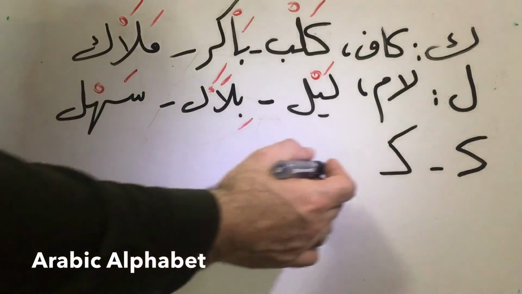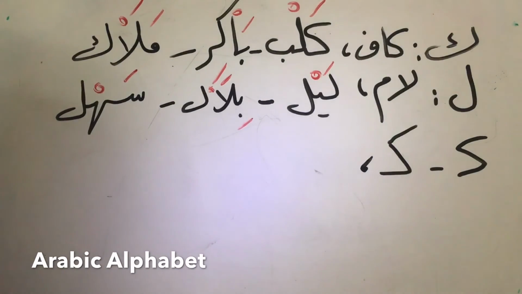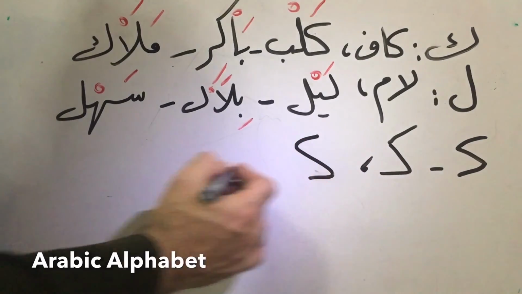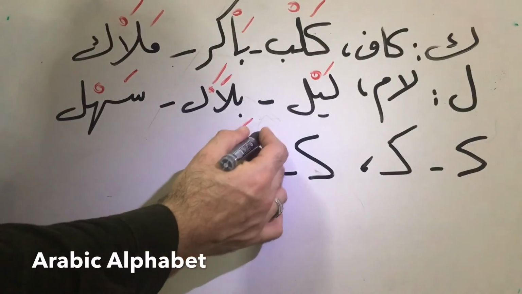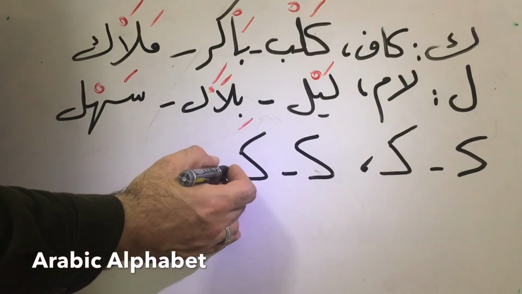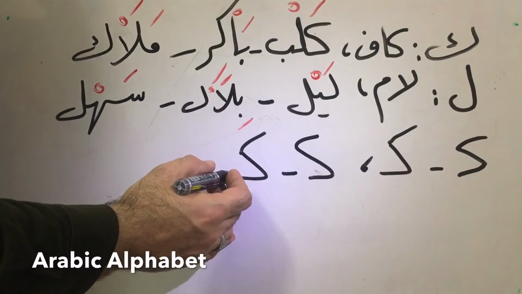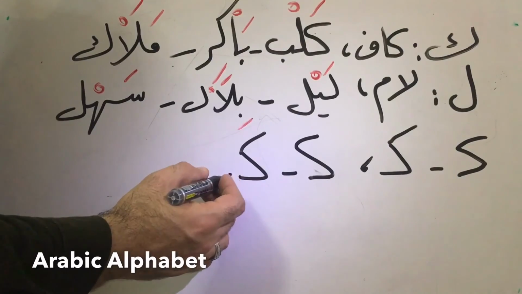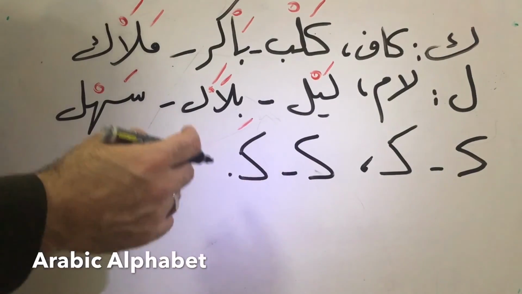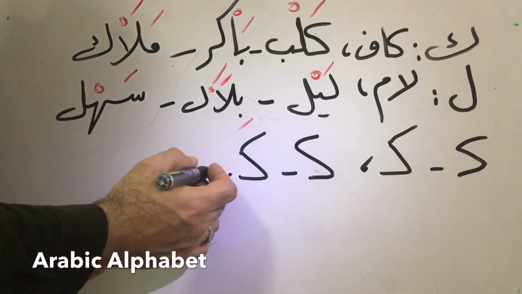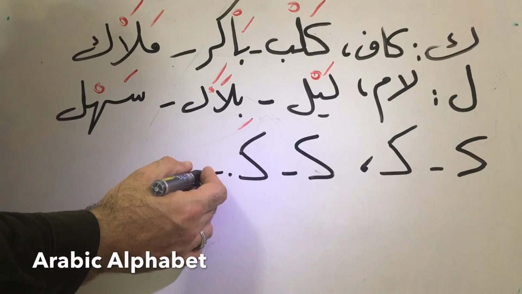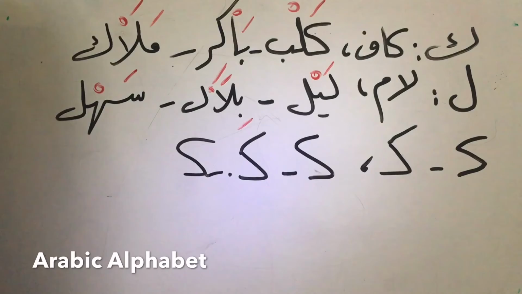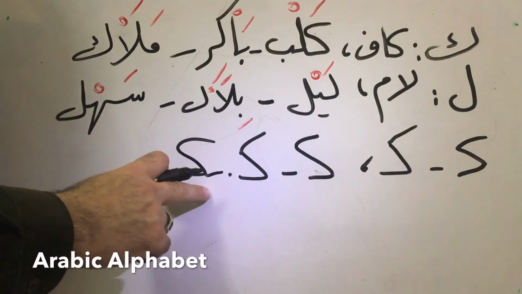In the middle of the word, it is like this, or as we said, we can write it in this way, or if it has a hand or the letter before can be joined, it is like this. This way, so it has two hands. This is kaf in the middle of the word.